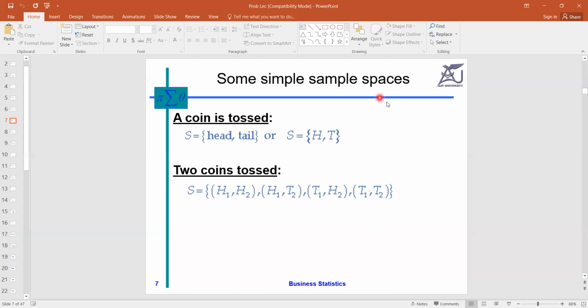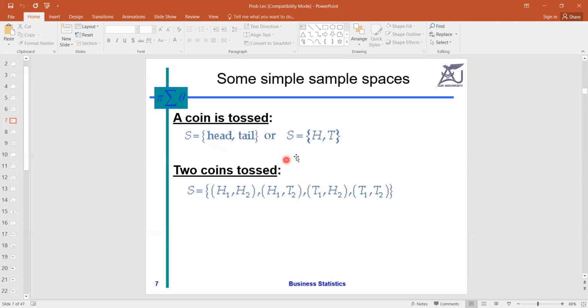So what is basically a sample space? Sample space is basically a complete list of each and every possibility, of each and every outcome. These entries are the outcomes of the sample space.